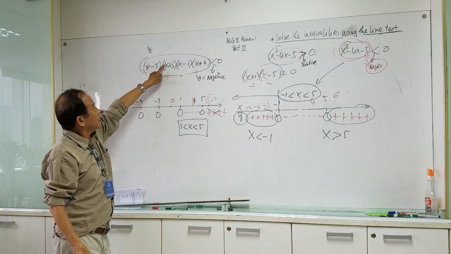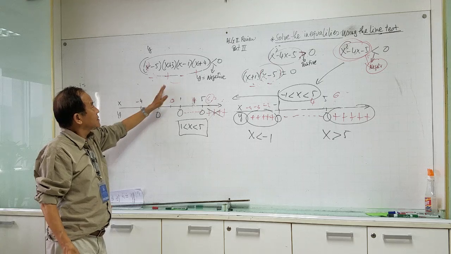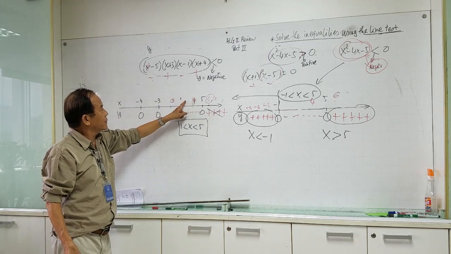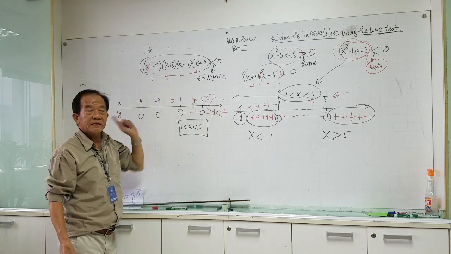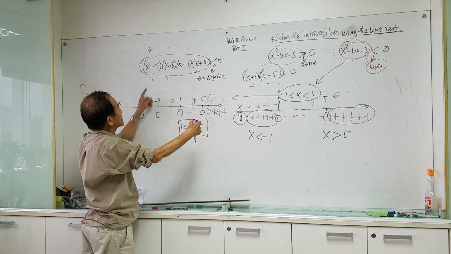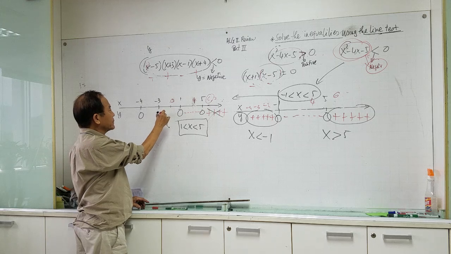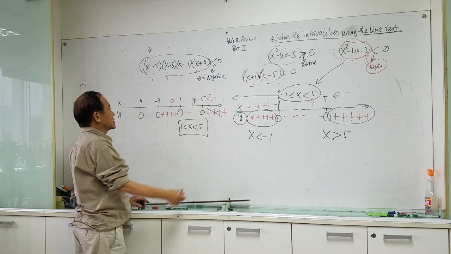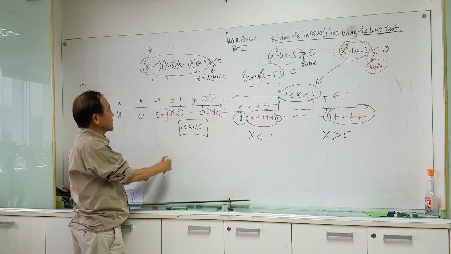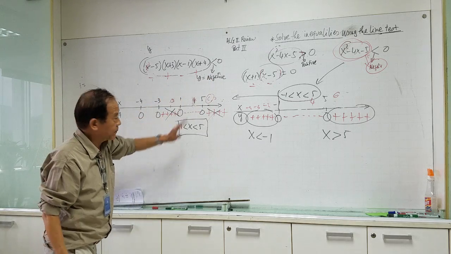If I put 0 right here, still positive, because 0 plus 3 is still positive. So it changes only when I jump from here to here. Negative times positive equals negative, negative times negative equals positive. Therefore, we have positive, so I don't care about this part, because I'm looking for y negative, not where y is positive.